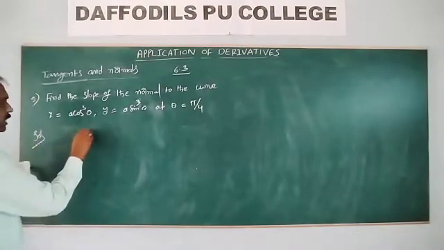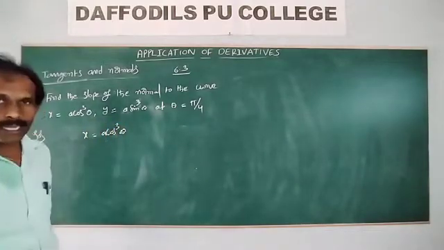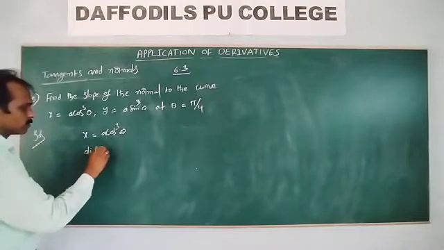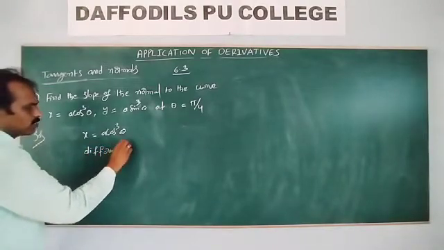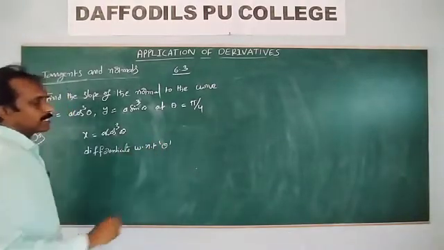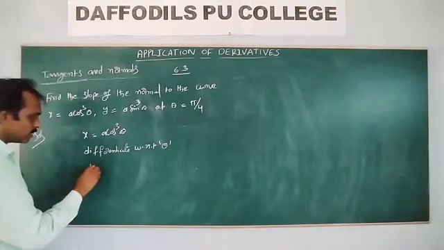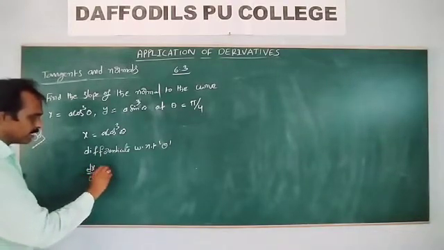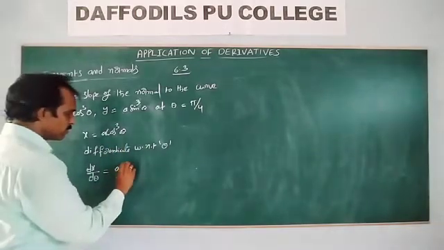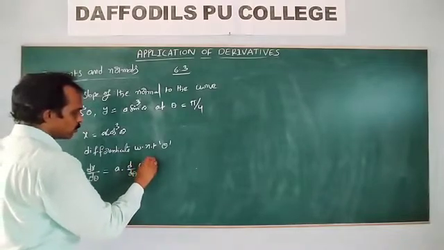Right. What is x is equal to a cos cube theta? Differentiate with respect to theta. That implies dx by d theta is a constant times the derivative of cos cube theta.